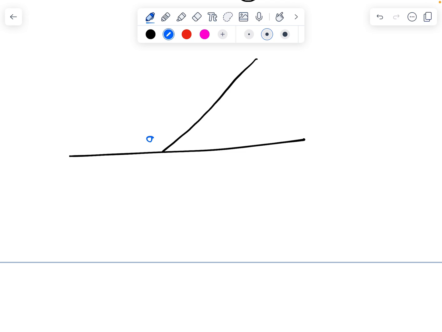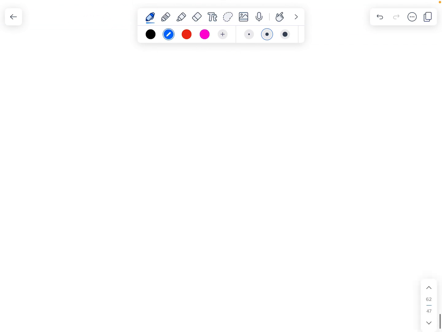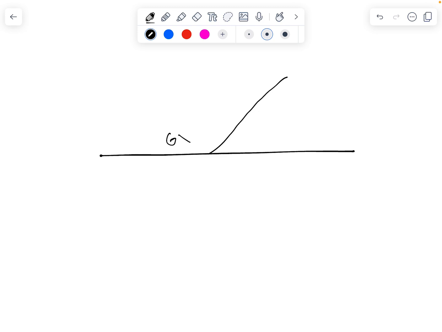This is going to be A and B. And we know that this whole thing is going to form a 180-degree angle. So the way this will appear in a question is something like this. This will be, let's say, 6x plus 9.